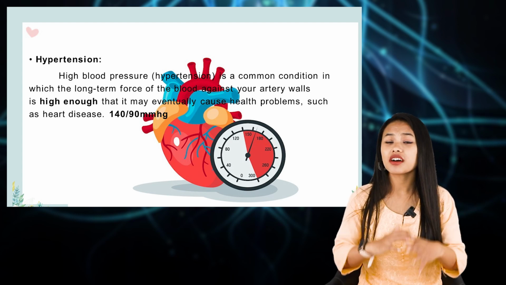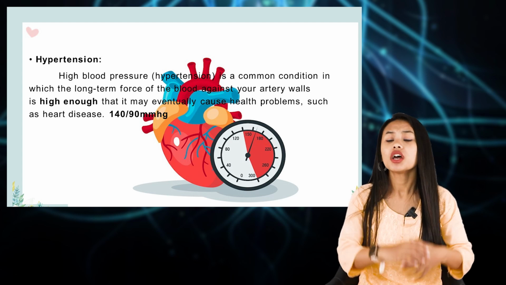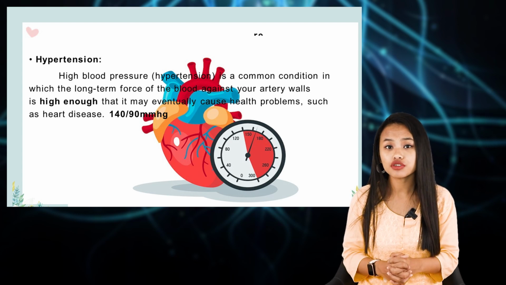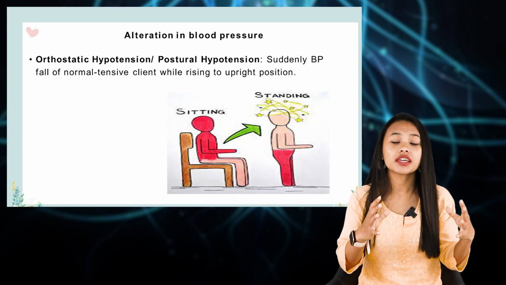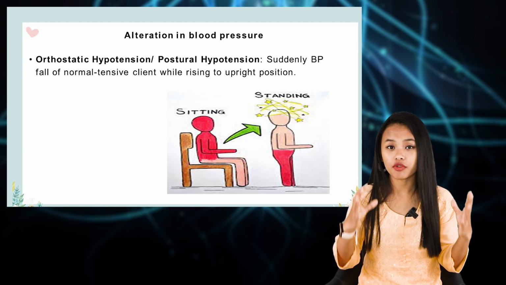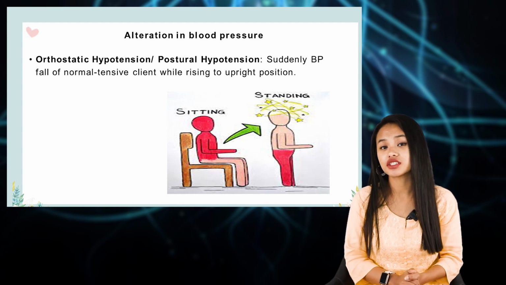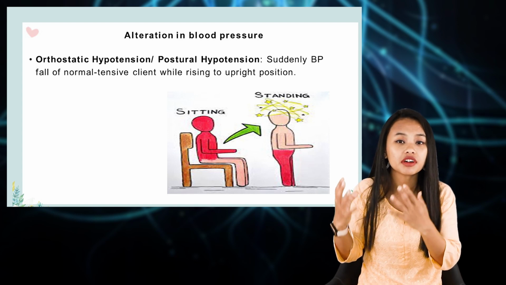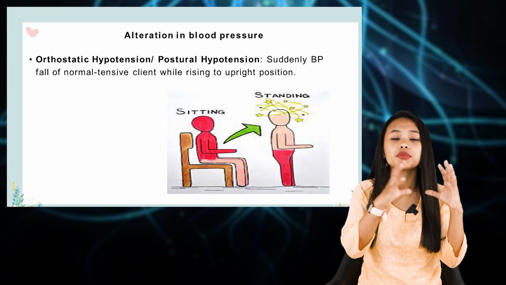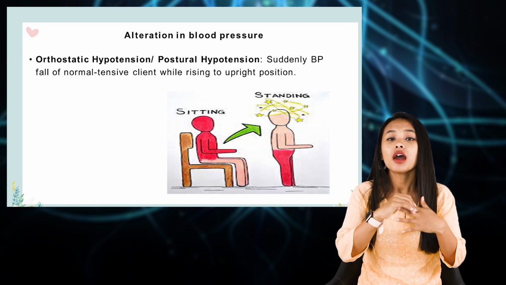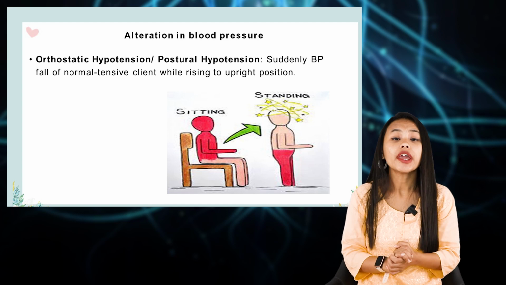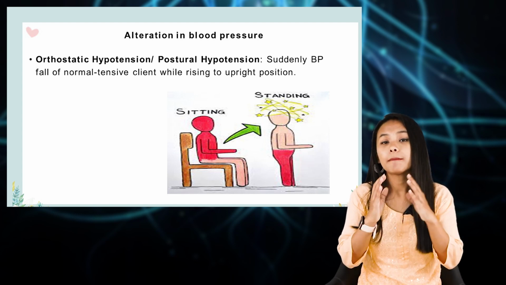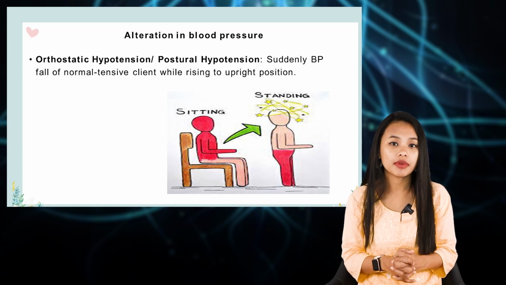This is a very common condition in which the long-term force of the blood against the wall of the arteries is high enough that it can eventually cause some health problems such as cardiac disease or heart disease. And when can we term a person as suffering from hypertension? We can term a person as suffering from high blood pressure or hypertension if you find that their blood pressure is 140 by 90 mmHg or above.